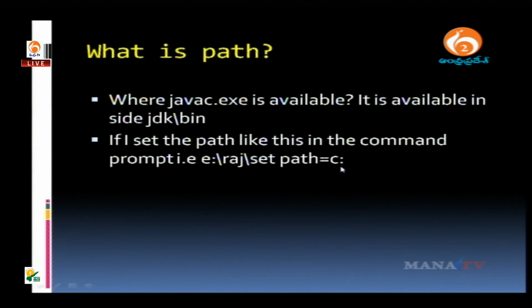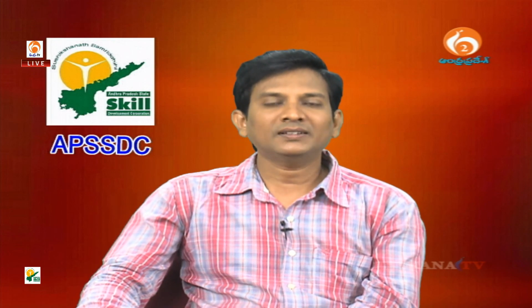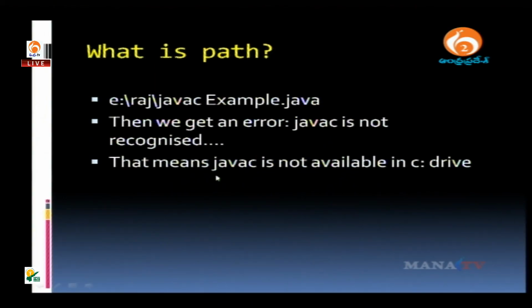Set path equal to C means javac.exe is available in the C drive, but if it is not available there, we get an error like javac is not recognized. That means javac is not available in the C drive.